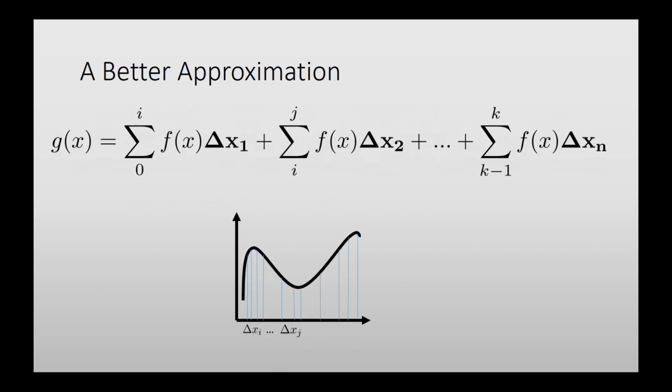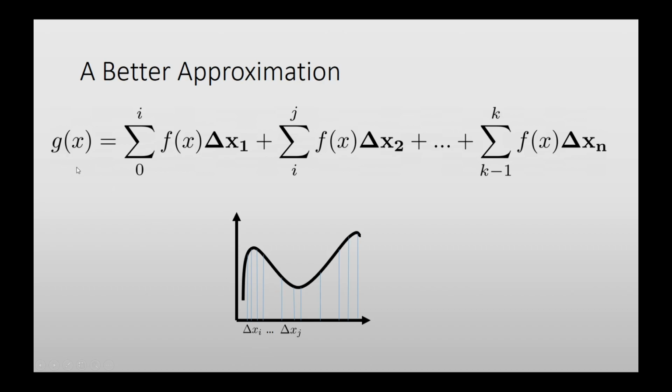The concept behind adaptive meshing is that where the change in slope is the greatest, we mesh those areas differently, with smaller delta x's, whereas where the change in slope is smaller, we can just use a bigger delta x size.